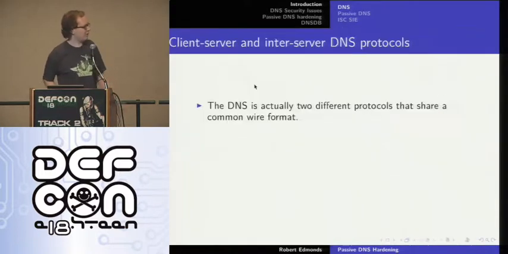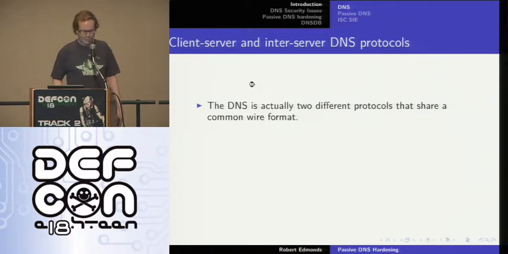So I just explained we have 2 different protocols. One that the client speaks to the cache, and one that the cache speaks to the content name servers. These have fairly different semantics, but they use the same wire protocol. So the DNS is commonly considered to be port 53, but it's terrifically complicated.